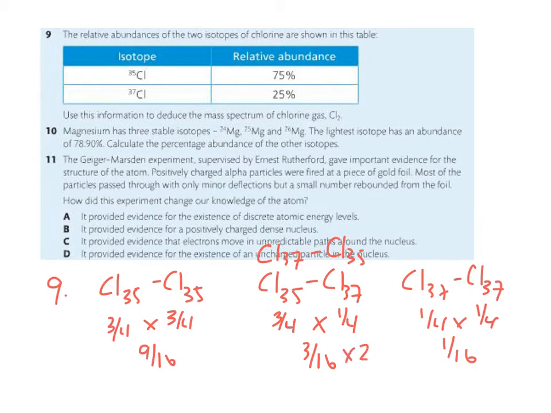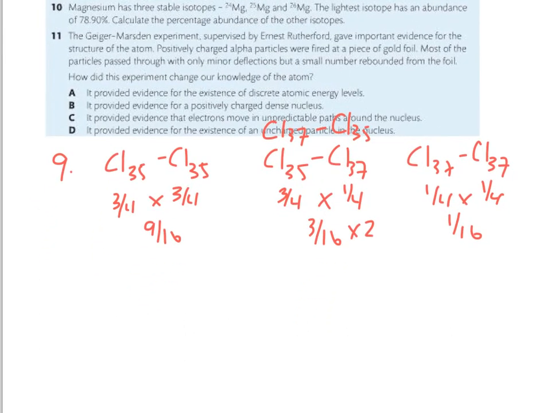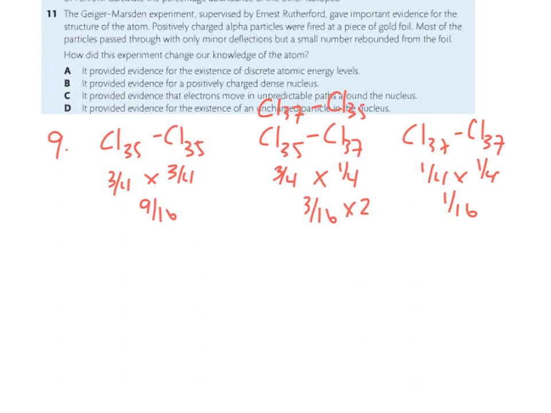If I convert these to percentages then to do the mass spectrum, I end up with 56.25% is the Cl-35s. 6/16 is not quite as much, but it's quite a bit.